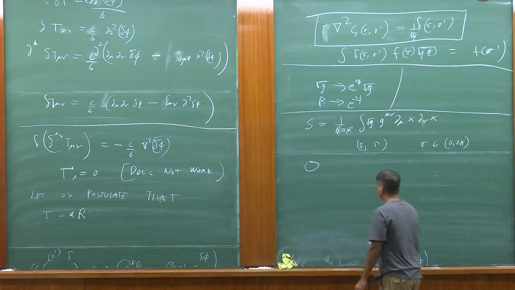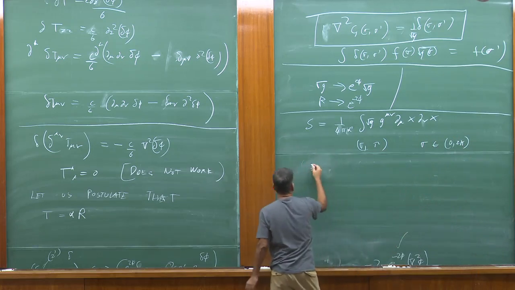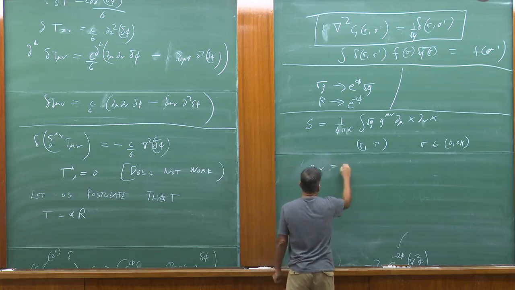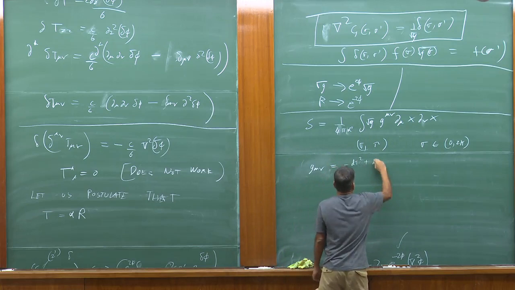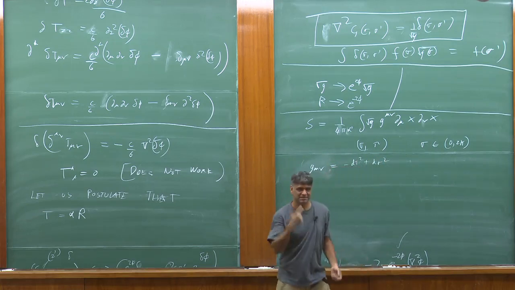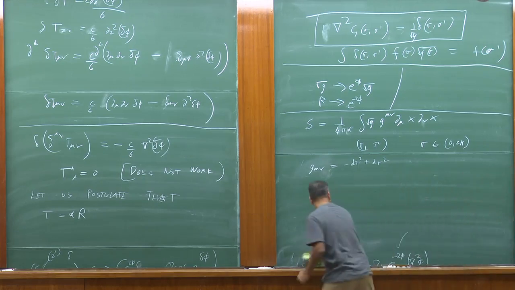The metric on which we're working, g mu nu, is equal to minus d tau squared plus d sigma squared. Just a flat circle of size 2 pi, and we have it in time. Okay, excellent. So let's try to take this action and write it a little more explicitly.